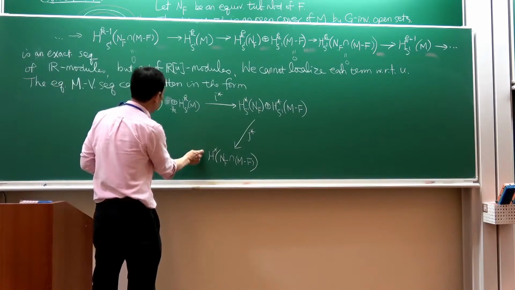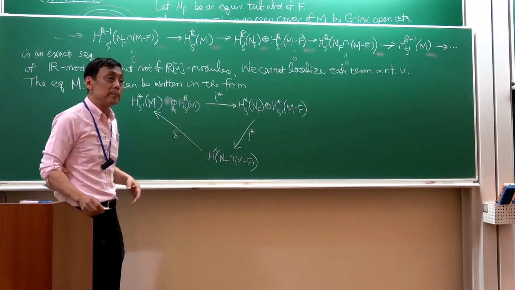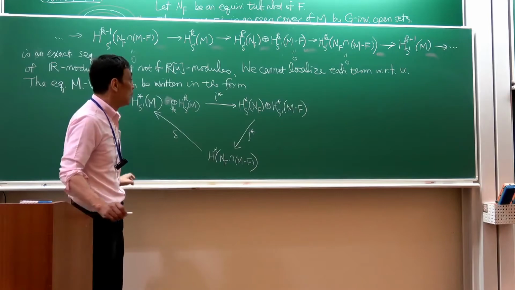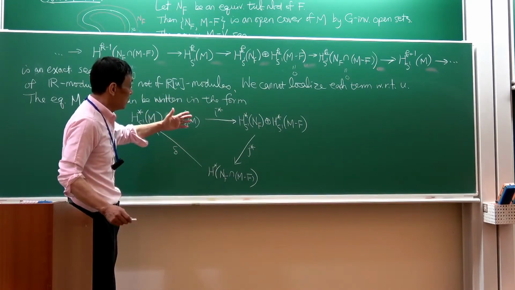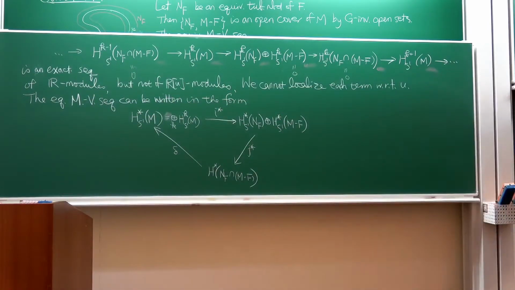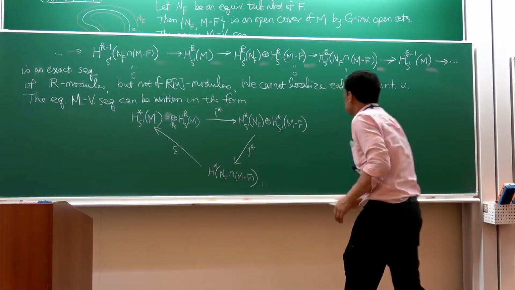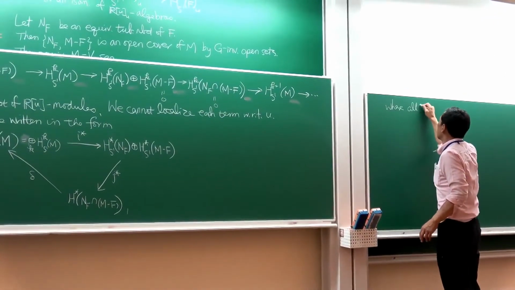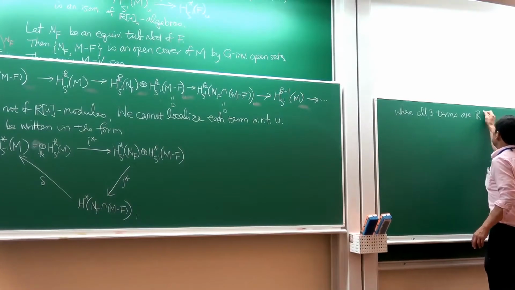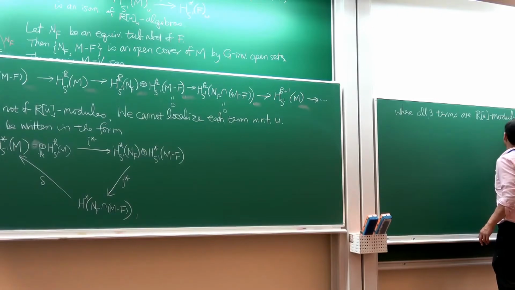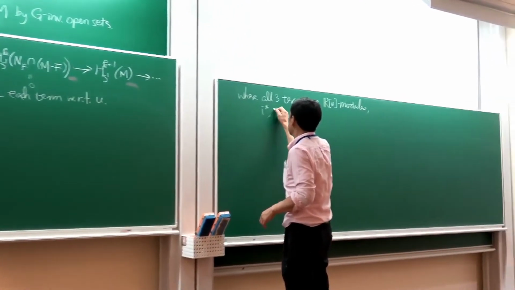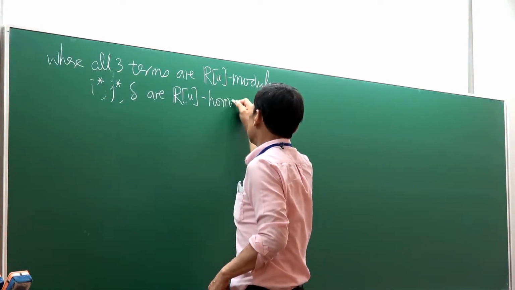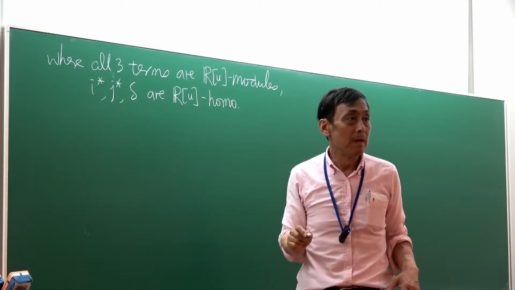And then there's a connecting homomorphism that goes from this to this. And this delta increases the degree by 1. So you can write the Mayer-Vietoris sequence like this, where all three terms are R(U) modules, and the three maps are R(U) homomorphisms.